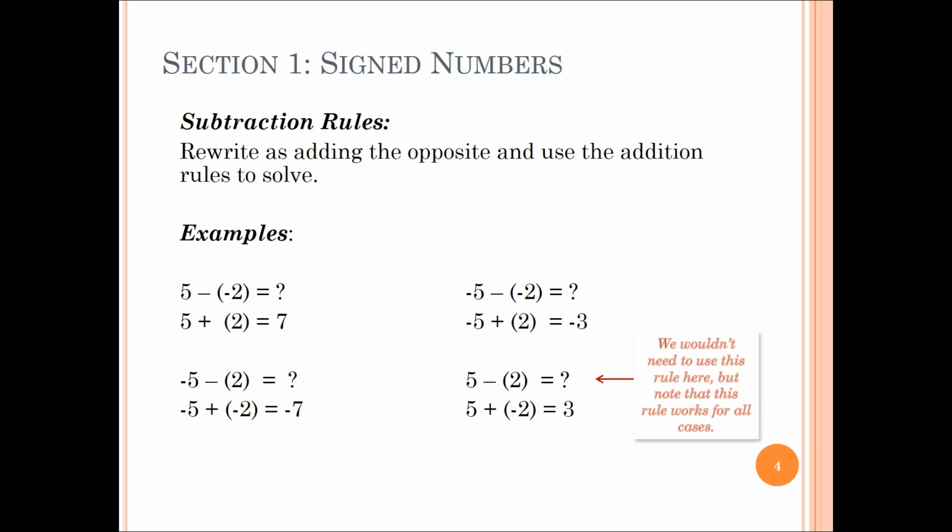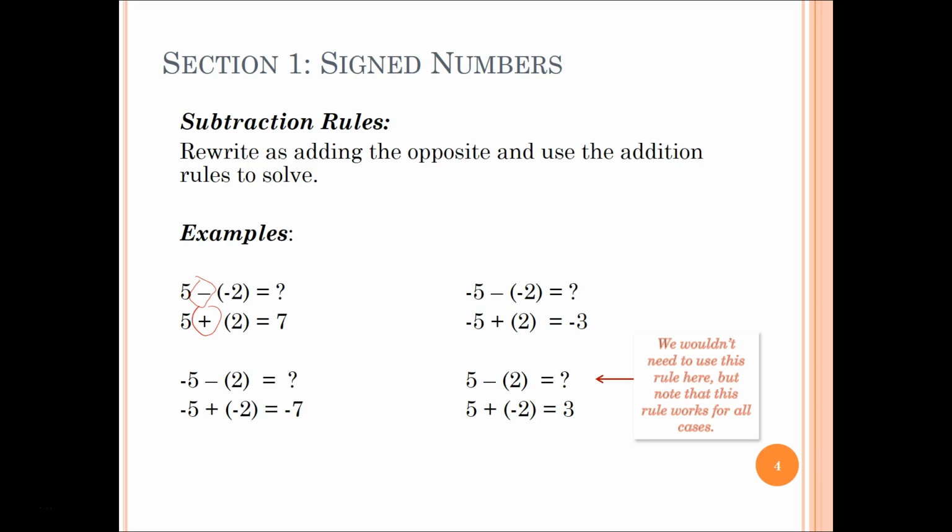If we had to do this manually, notice that anytime we subtract a value, it's really the same thing as adding the opposite. So subtracting a number is the same thing as adding the opposite. Kind of like how division is the same thing as multiplying by the reciprocal. So here, instead of flipping the number, we flip the sign.